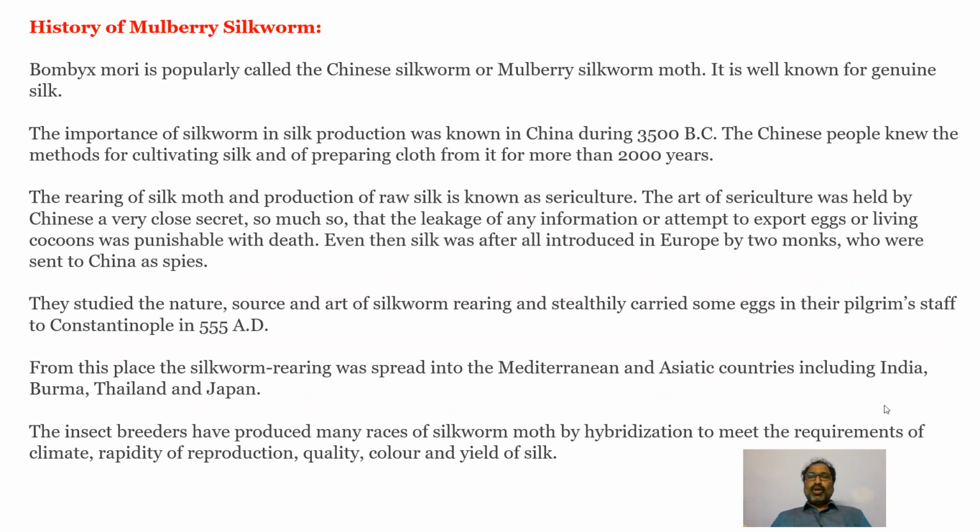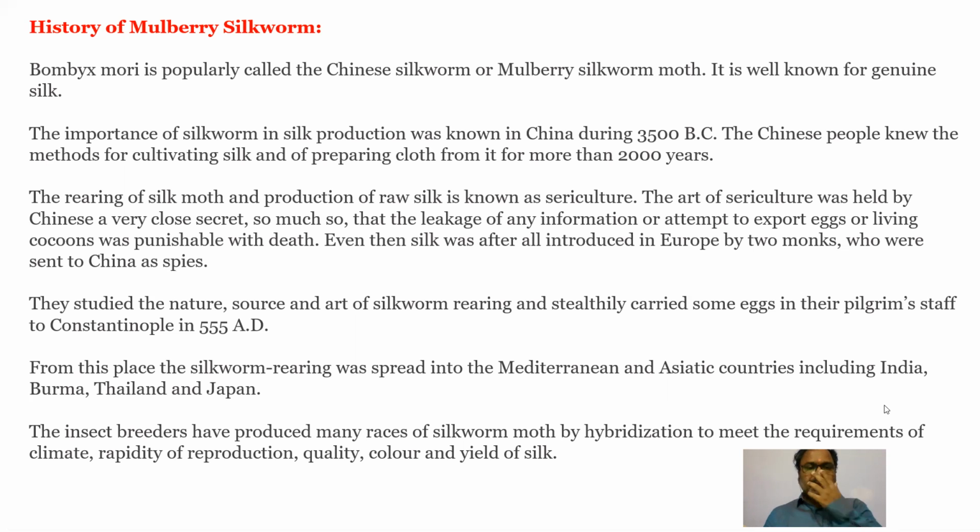It is well known for the genuine silk we are getting in India. The importance of the silkworm in silk production was known in China during 3500 BC, and Chinese people knew the methods for cultivating silk and preparing cloth from this particular silk more than 2000 years ago.